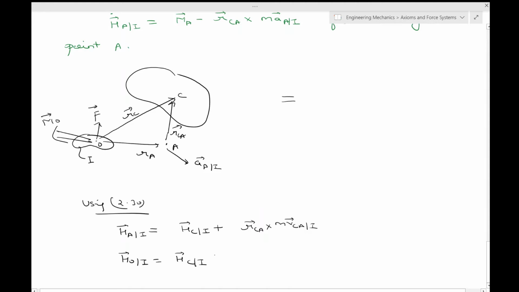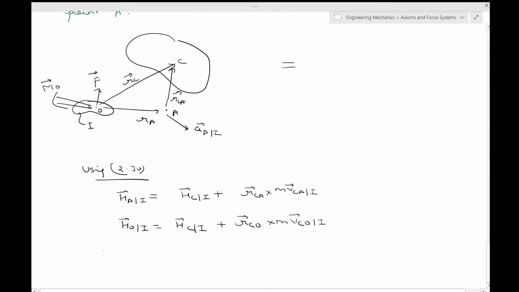Similarly it will be RCO cross MVCO. This implies that HC in terms of I is equal to HO minus RC cross MVC with respect to the I frame.